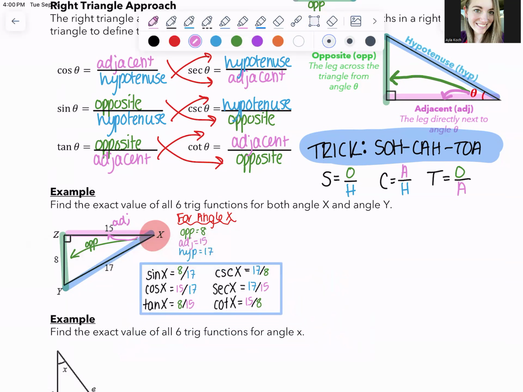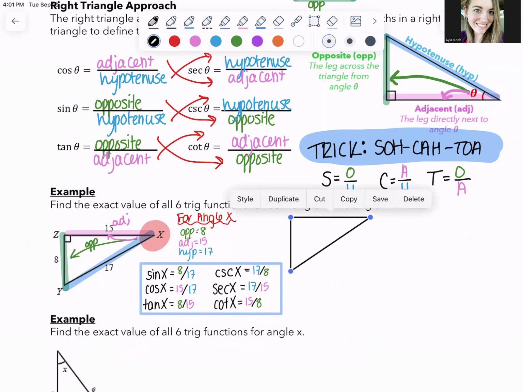All right. Now let's go in for the other angle, angle y. So angle y is right here. Let's give angle y the color purple.